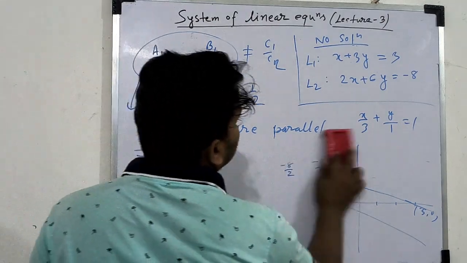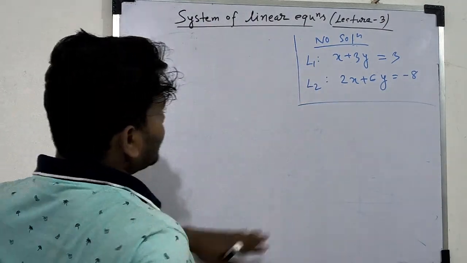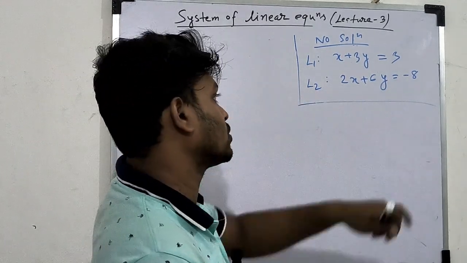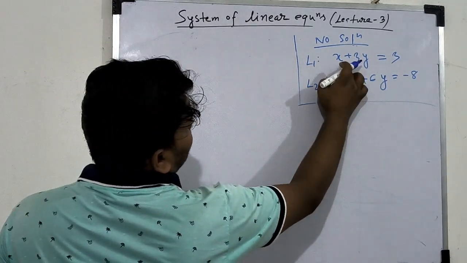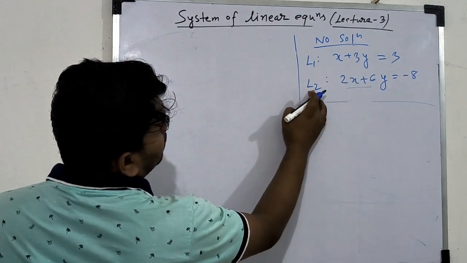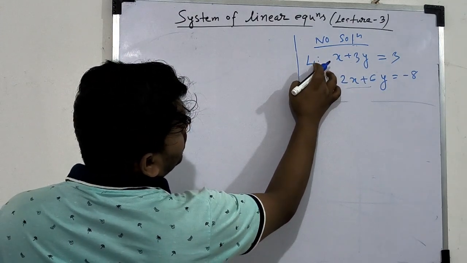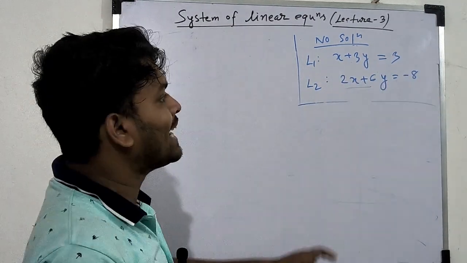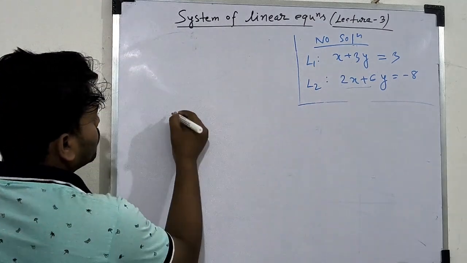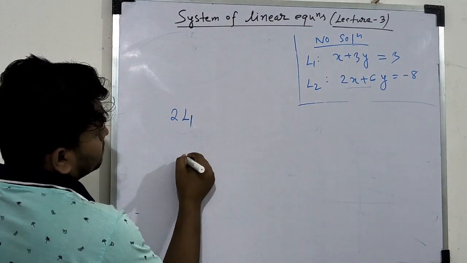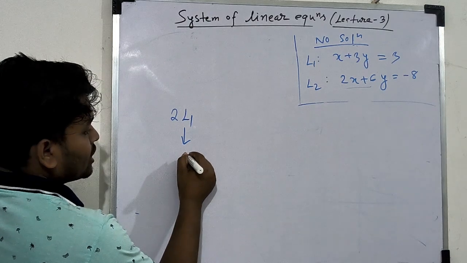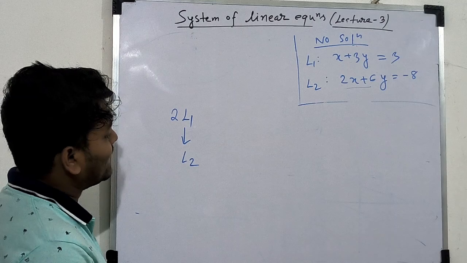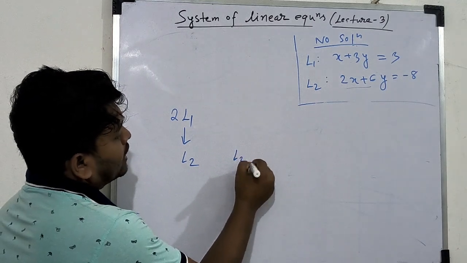You can see, just by observing these two equations, that this system has no solution. The left hand side of L2 is 2 times the left side of L1, but the right hand side is not. If you take 2L1, you get the left hand side of L2, but you do not get the right hand side of L2.